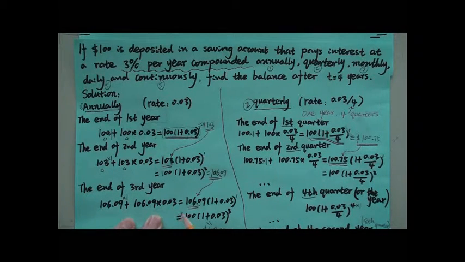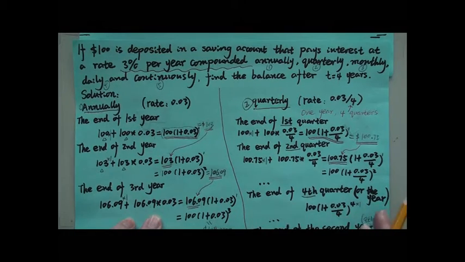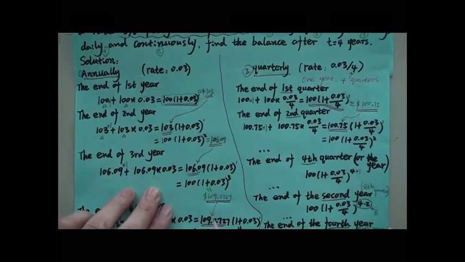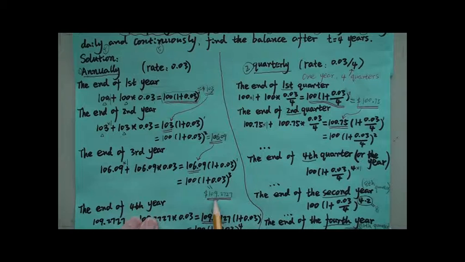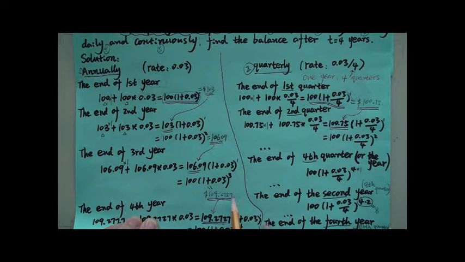Again, you can figure out the number, which is $109.2727. This is the amount at the end of the third year.